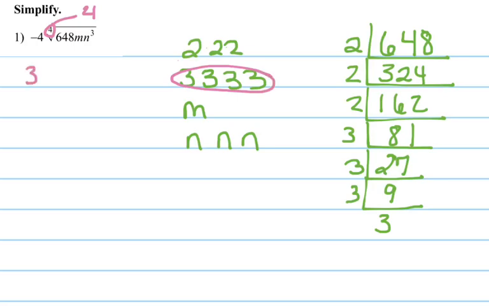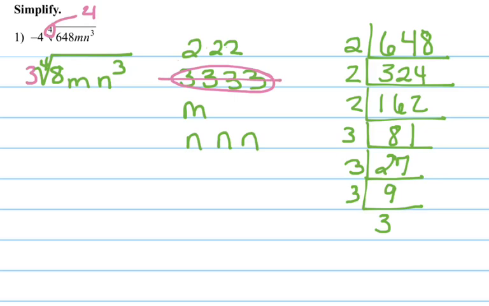So outside my radical is going to be a 3. And then I put my fourth root, and then I'm going to put what's left behind. So these were left behind, and so 2 times 2 times 2 is an 8. n cubed, because nothing was brought out of anything else.